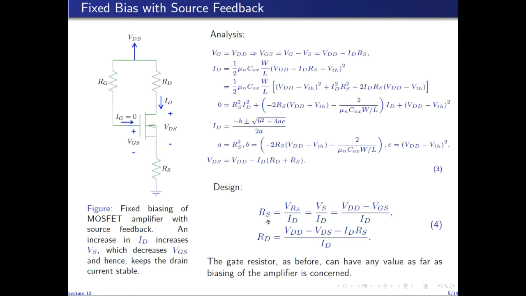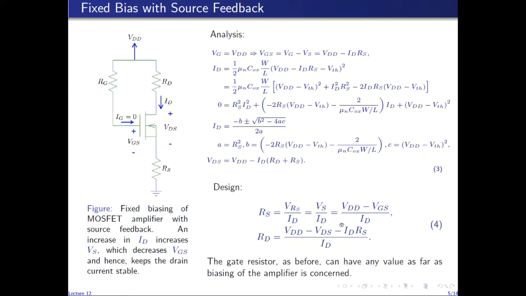But RS can be found by dividing the voltage at the source by the drain current, VS over ID. VS is equal to the voltage at the gate, which is VDD, minus VGS. So knowing the voltages in the circuit, we can find RS through this relation, that is VDD minus VGS over ID.